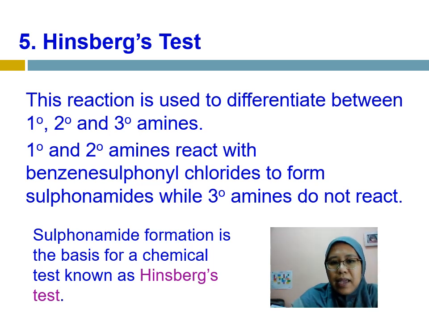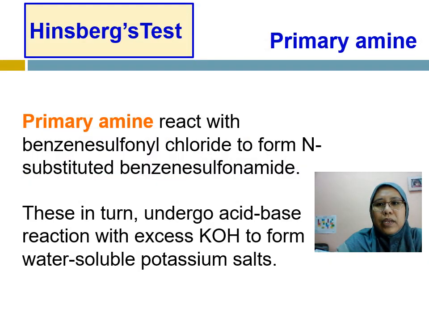Hinsberg test is the test to look at the formation of sulfonamide. For primary amine, we are going to form N-substituted benzene sulfonamide, where we are going to do the reaction based on acid-base reaction. First, we are going to use excess potassium hydroxide, and then we're going to use hydrochloric acid.